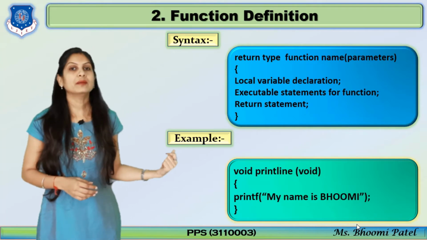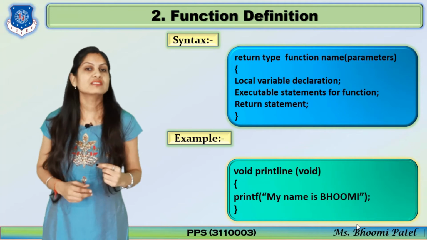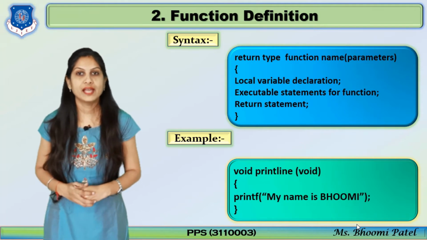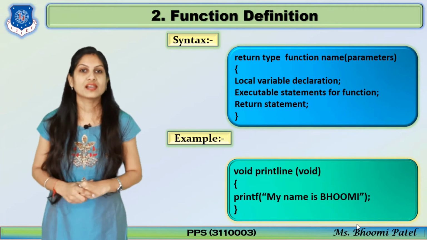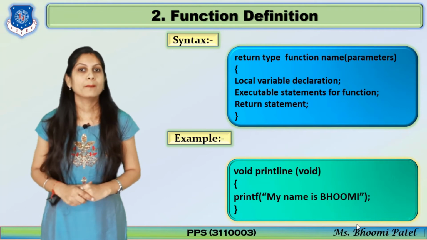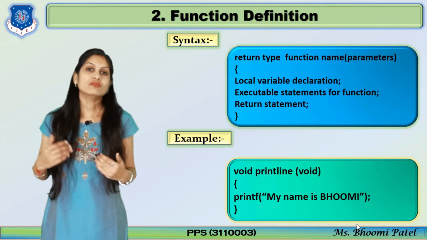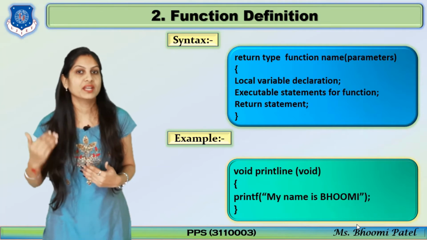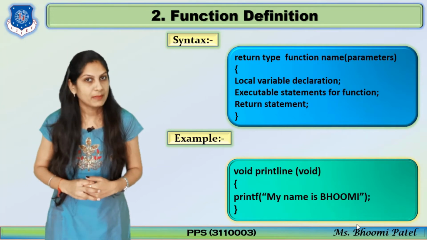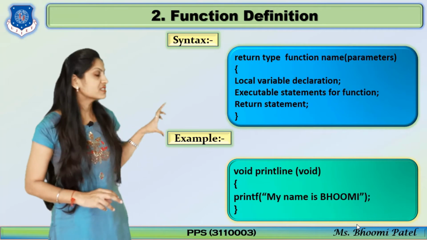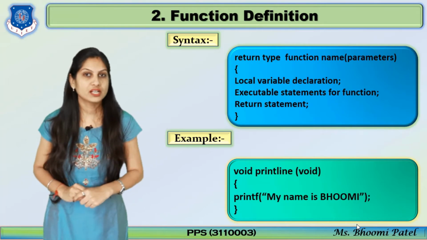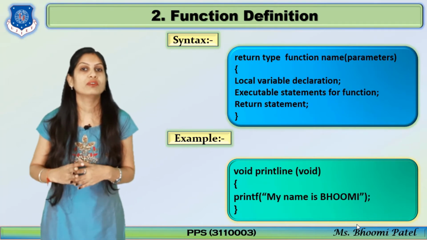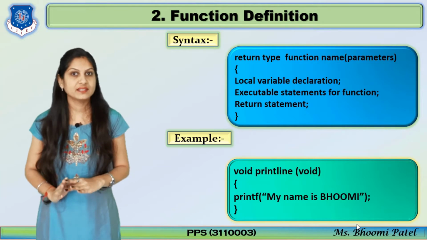Then inside curly brackets only one statement is there, that is printf. Inside the curly brackets we write in double inverted commas, my name is Bhumi. Then what happened? Only the printf statement will be executed and the answer is my name is Bhumi. So this is nothing but a user defined function. All the logic of our functions we have to write in it.